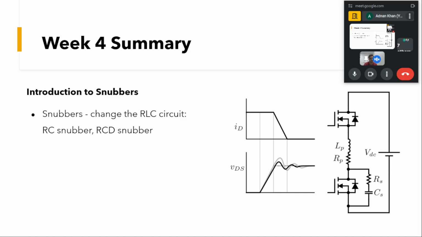You can see both of these in detail in the transcript, as well as if you go through the lectures. So what is being done is, across this device we connect an additional RC circuit. What this causes is, it causes our RLC circuit parameters to change.